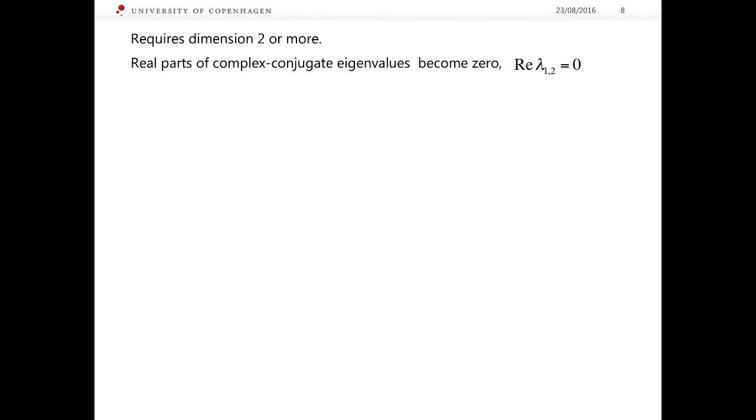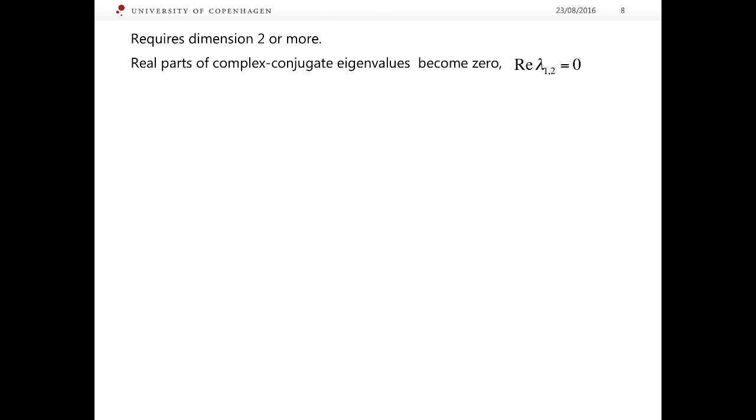This bifurcation can take place provided that the fixed point has two complex conjugate eigenvalues, and at the bifurcation, their real parts are equal to 0. Andronov-Hopf bifurcation is named after two mathematicians, Andronov and Hopf. As a result of this bifurcation, the dynamical system can develop self-oscillations, periodic self-oscillations.